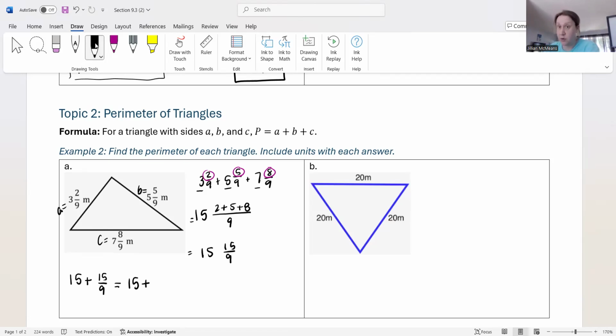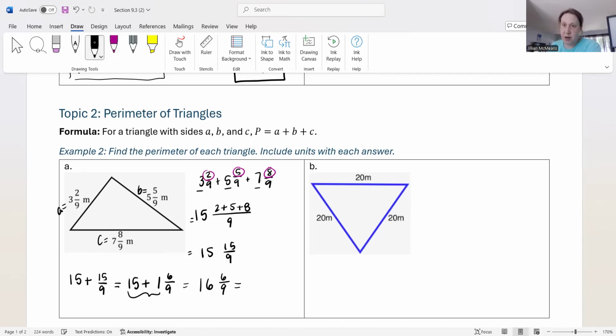It would go in one full time, okay? And then once I take the 9 out of the 15, what would be left? Well, I would have 6 left over. So 15/9 is really the same as 1 and 6/9. Okay. And then 1 and 6/9 I can really easily add to the 15. So I just want to add my 15 and my 1. I get 16 and 6/9.